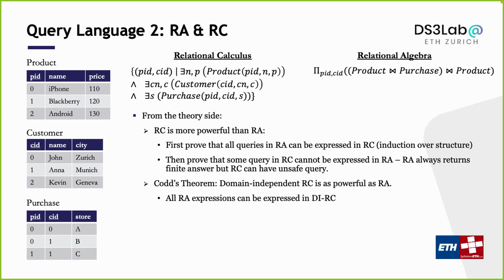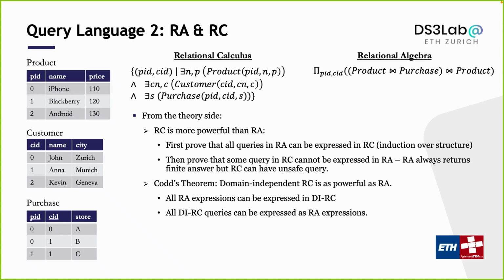How to prove it, right? You first prove all relational algebra expressions can be expressed in domain-independent relational calculus by doing one recursion on the structure, okay? And then you go the other way around. You say all domain-independent relational calculus queries can be expressed as relational algebra expressions, again, by doing one recursion on the structure of the query.